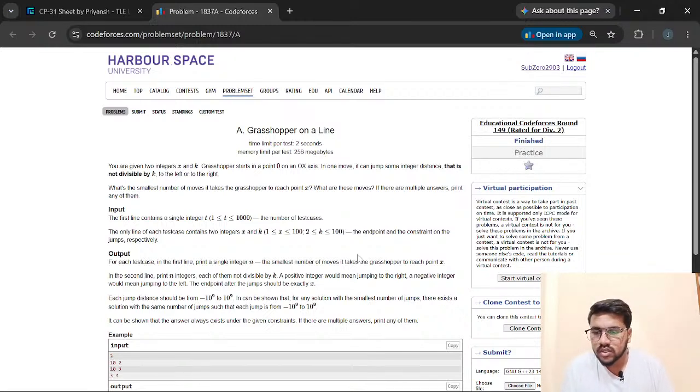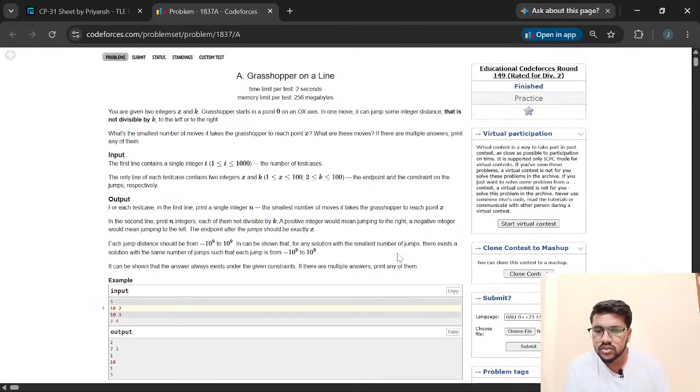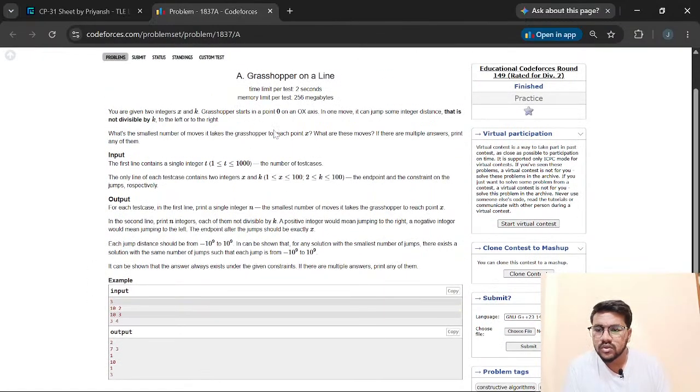We are given two integers x and k. The grasshopper starts at point 0 on the OX axis. It can jump some integer distance that is not divisible by k, to the left or to the right. What is the smallest number of moves it takes to reach point x? What are these moves?